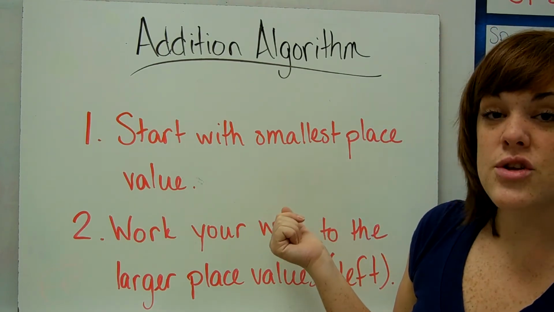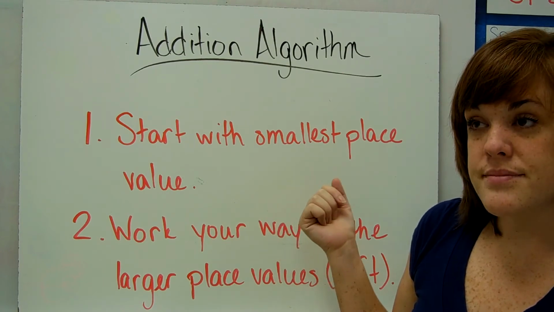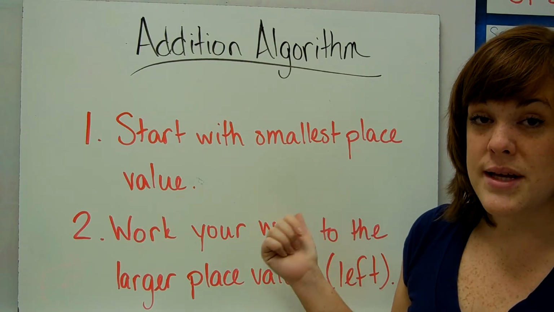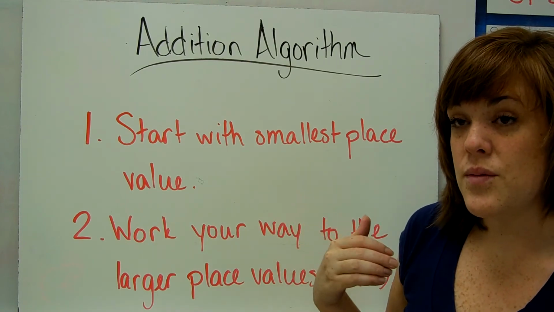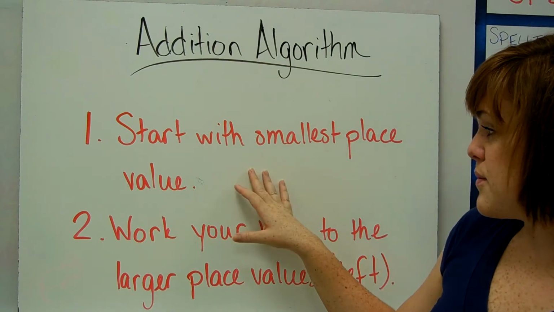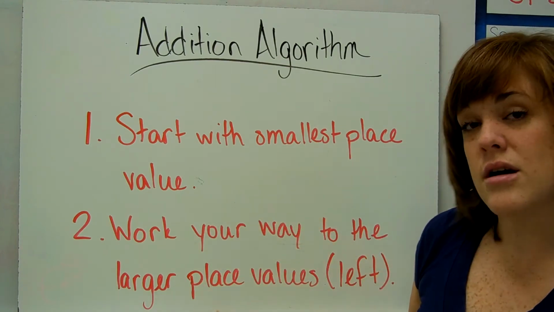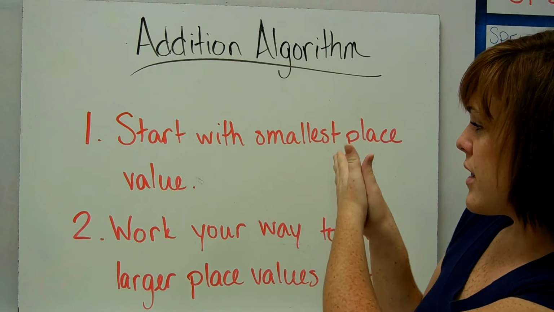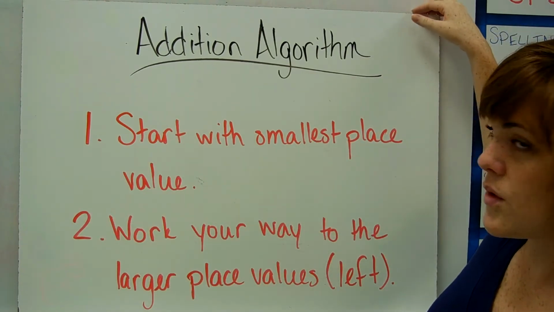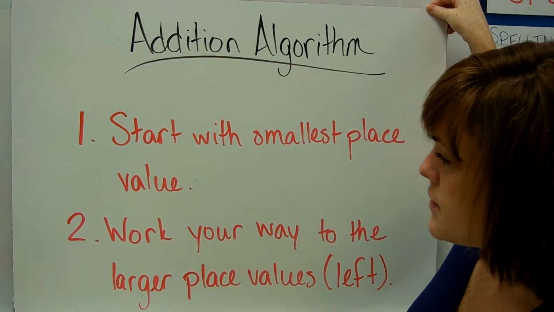When we're adding, you always start with the far right, which is the smallest place value. Okay, because when we regroup, you want to regroup from the smallest up. So start with the smallest place value and then work your way to the larger place values, starting here and then working your way to the left. Okay? Don't ever start on the left.